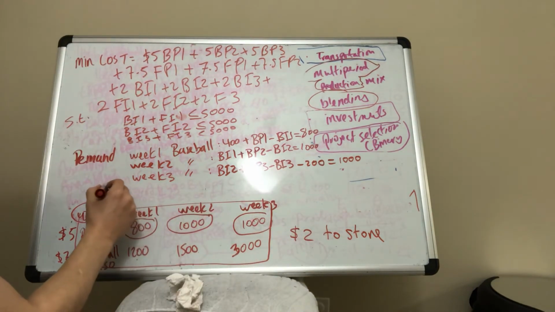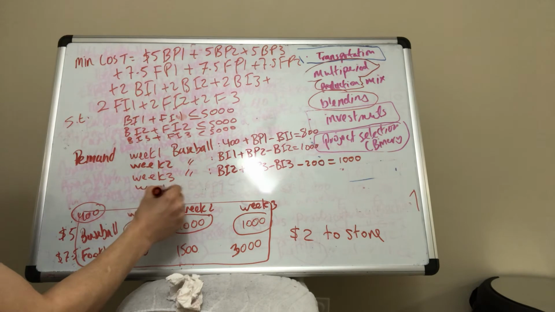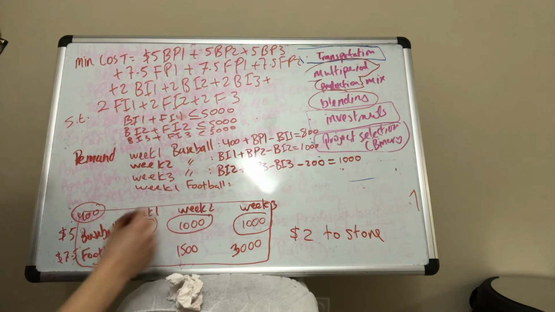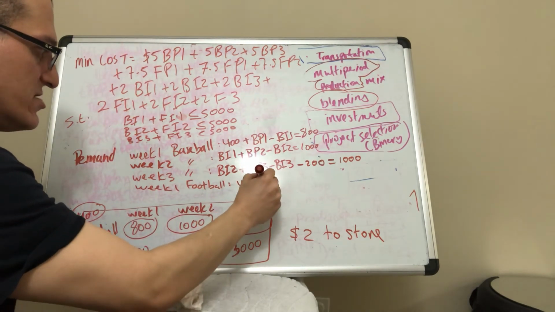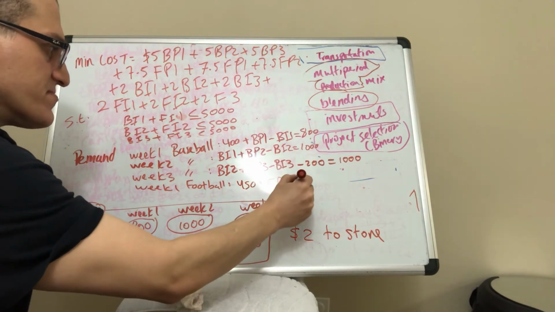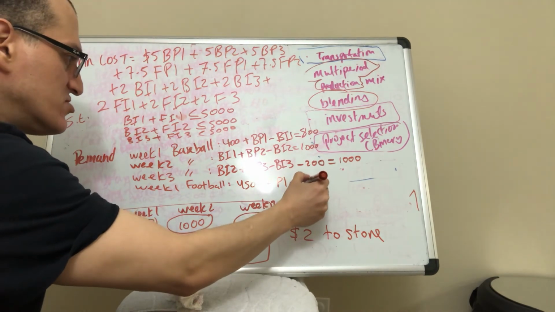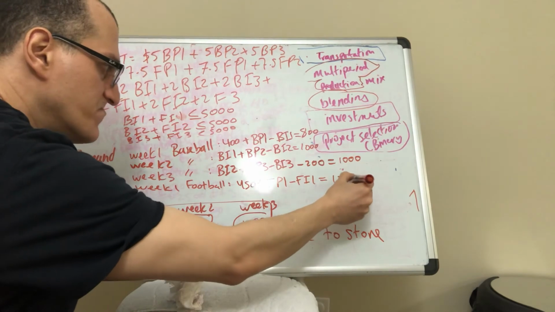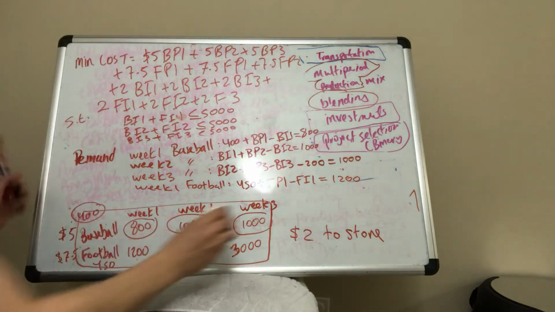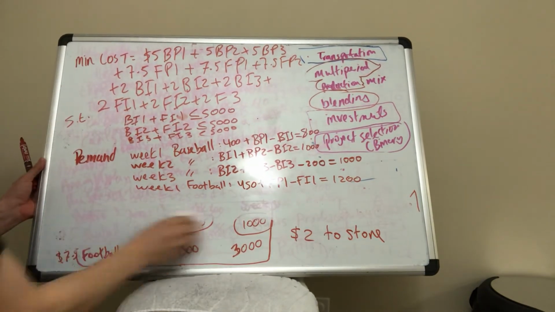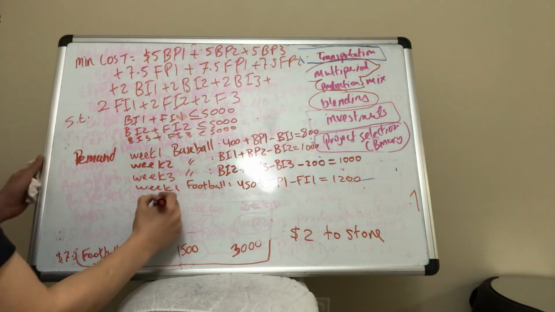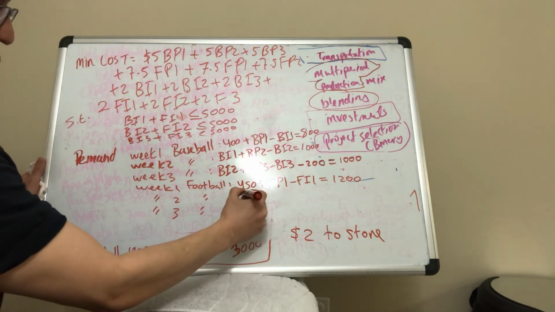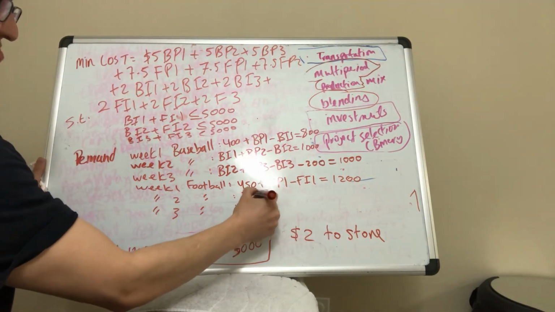Let's do demand week 1 football. They tell you you have 450. You can produce some, you can store some of what you produced, and that should satisfy demand of 1,200. Week 2 football: you probably have some stored from the previous week.